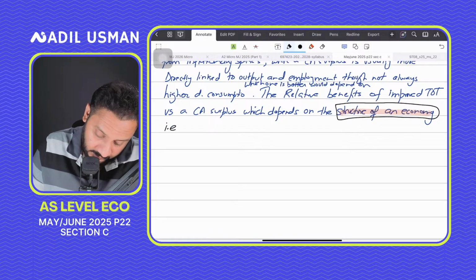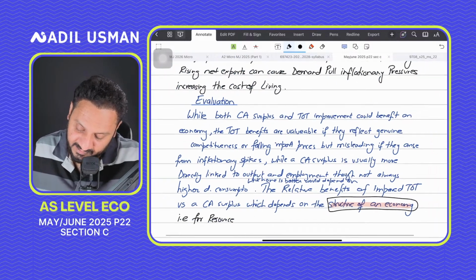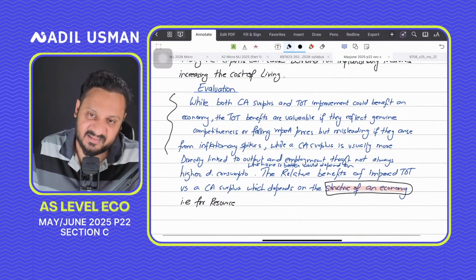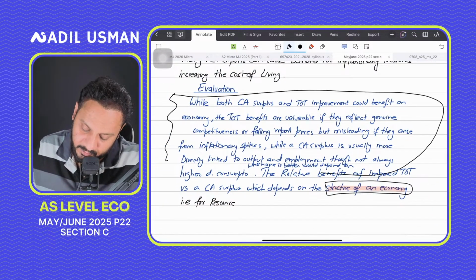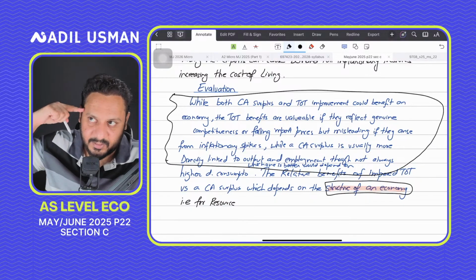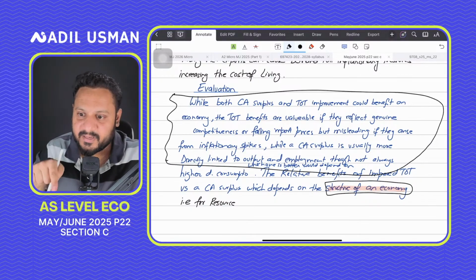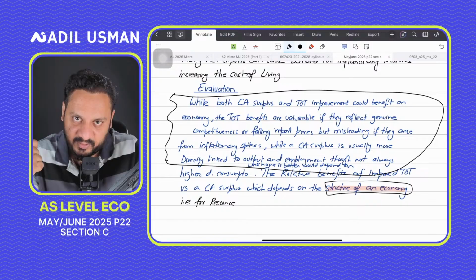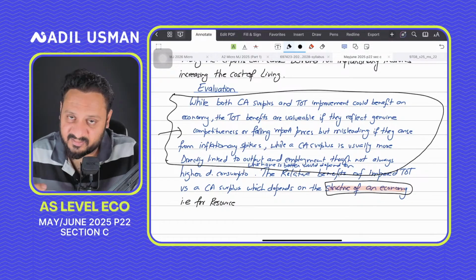By the way, even if you skip this, the reason I wrote it was that it made the evaluation click for me. It was for my own sake. You're not supposed to write this again in the exam.